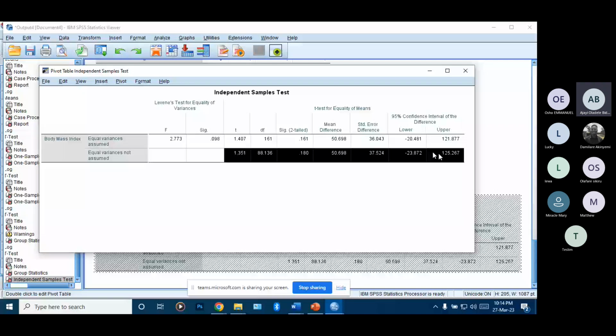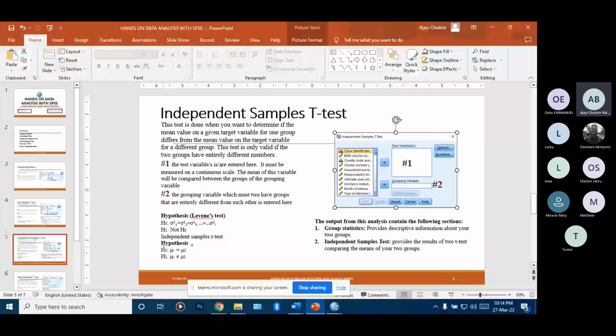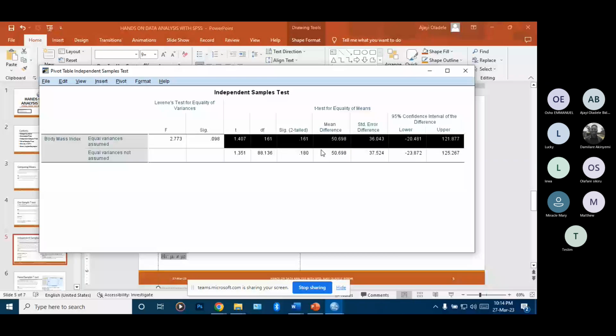Since our variance is assumed to be equal, we can now make a decision in this place. We go back to the hypothesis for the independent samples t-test: mu1 equals mu2 versus mu1 not equal to mu2. Reject H naught if the p-value is less than alpha.